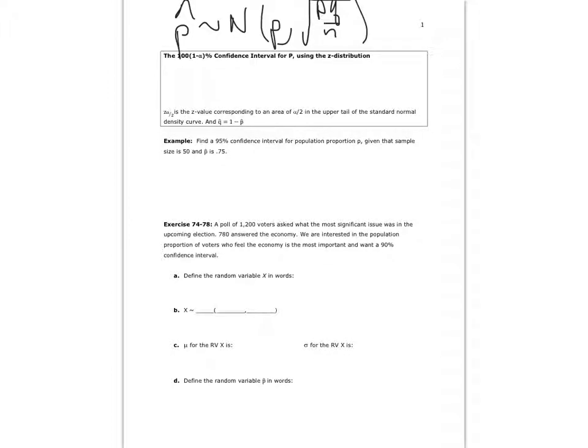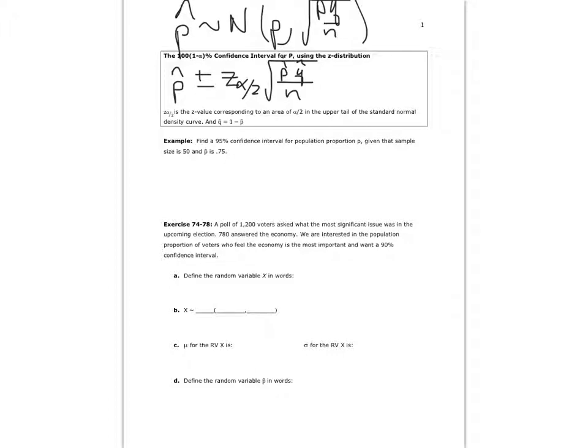Now, given that, we have a confidence interval for p using the z distribution, and that is p hat plus or minus the appropriate z value times that standard deviation. And specifically, the p and q that we put in there are p hat and q hat, where q hat is 1 minus p hat.